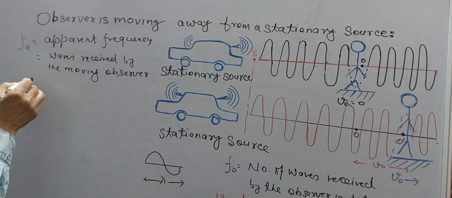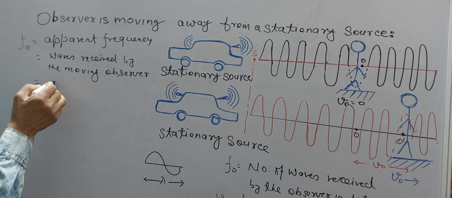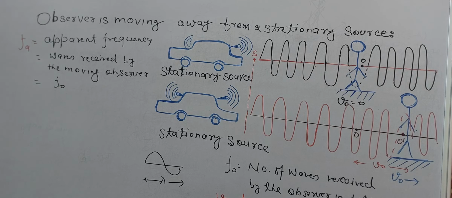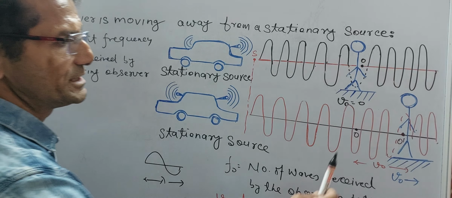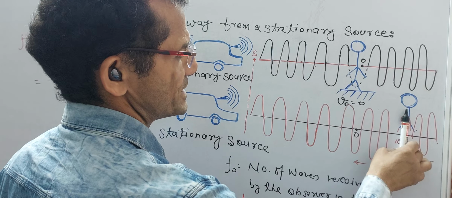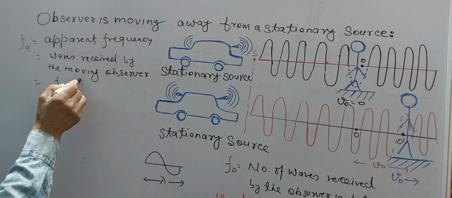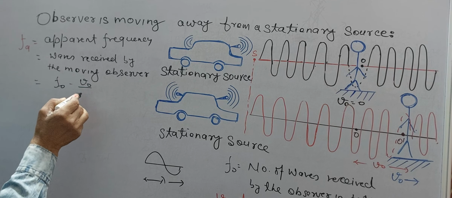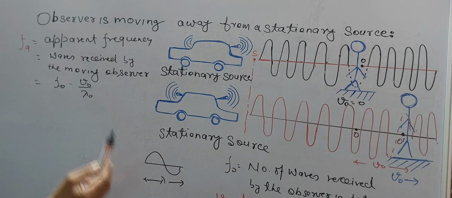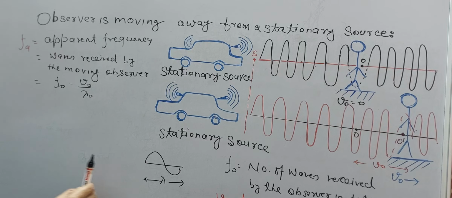The original waves received in 1 second is this one, and the waves present in this region will not be received by the observer. The number of these waves will be V0, this distance, divided by the wavelength of this wave.